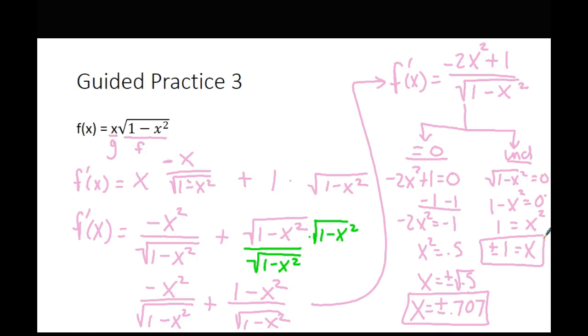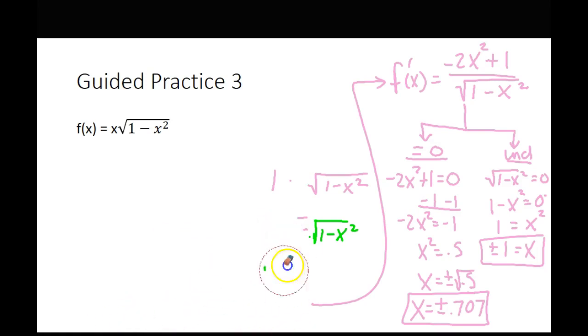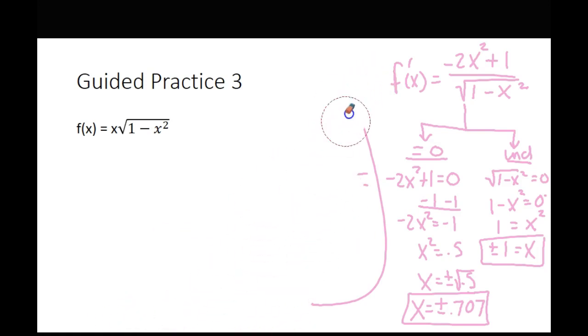All right, so I've got all my critical values, and now we are ready to find out where our intervals of increase and decrease are. All right, so number line, I have negative 1.